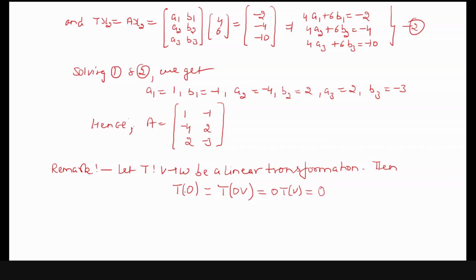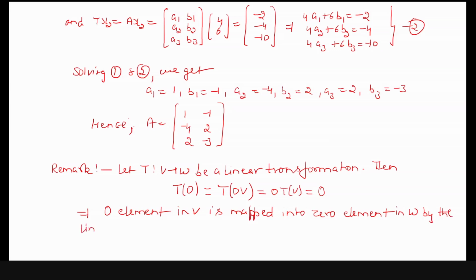So T of 0 will map to 0. Okay, what does this imply? This implies that the zero element in V is mapped into the zero element in W by the linear transformation.